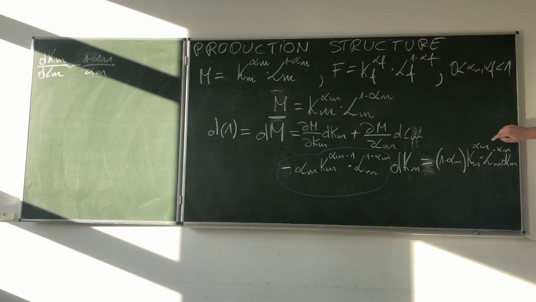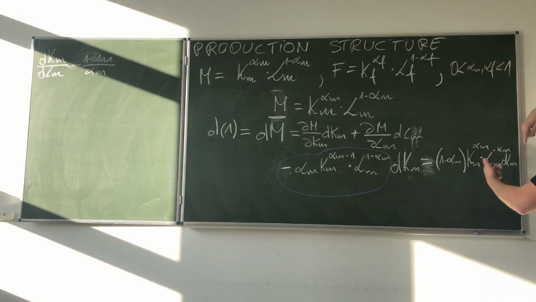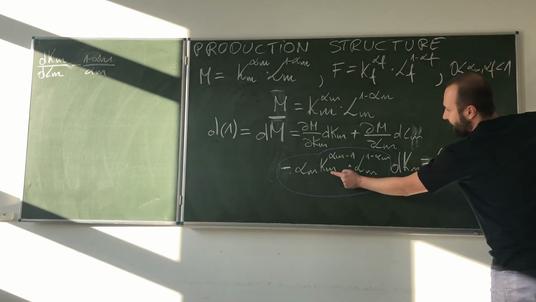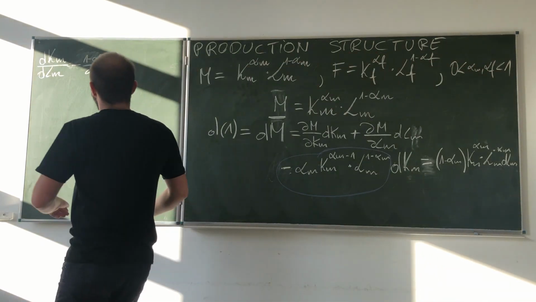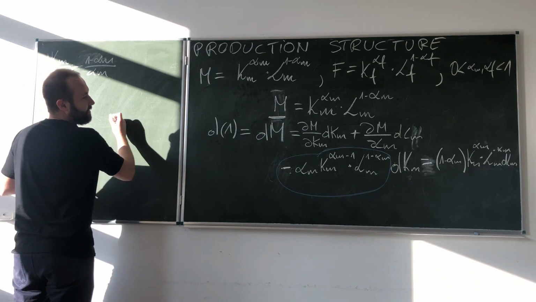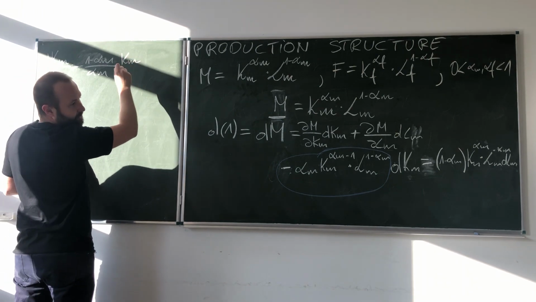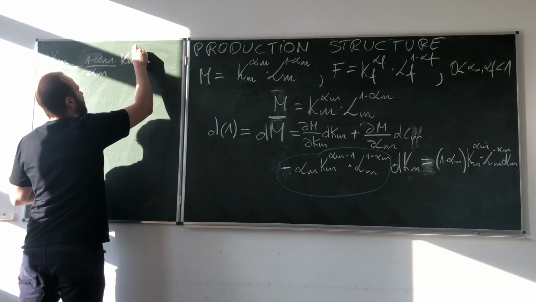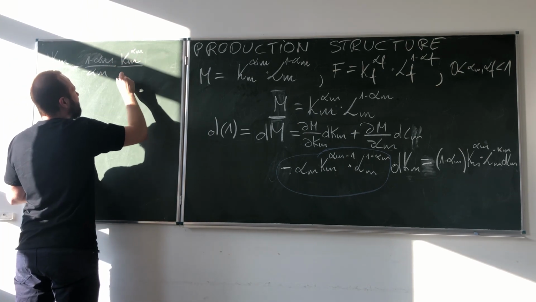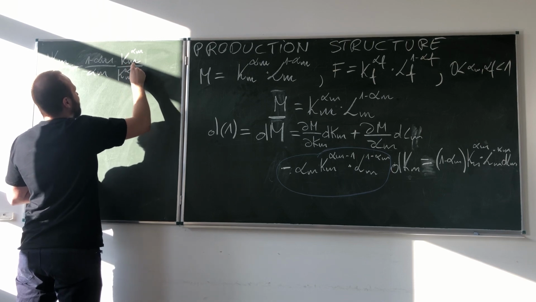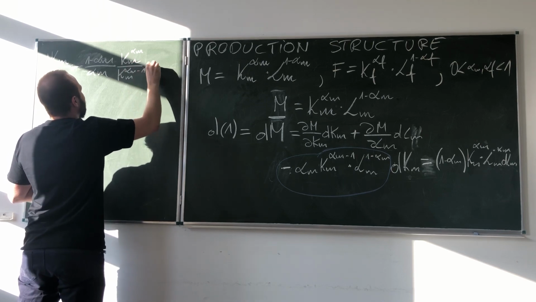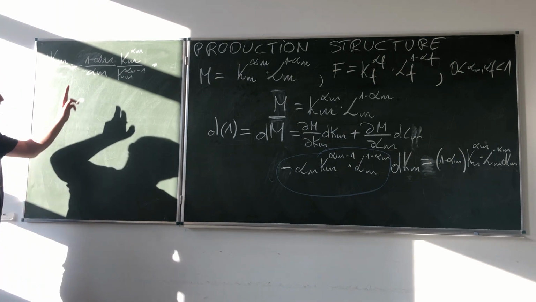Now look, then I need to divide km. I can just do it in any order because it's multiplication, and divide it by this expression. So I've got km to the power alpha m, all divided by km to the power alpha m minus 1. Okay, and here we are continuing.